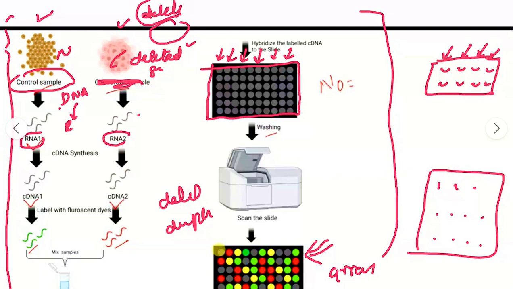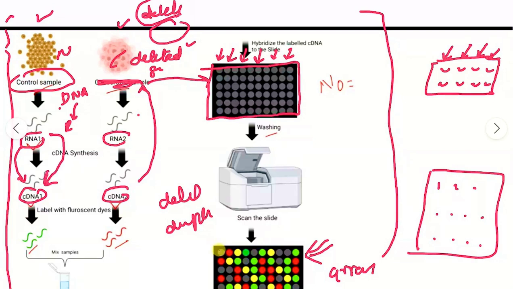Their DNA that was present here may combine with this DNA. So first we convert it into messenger RNA, and then we do reverse transcription, where this messenger RNA is again converted into DNA.